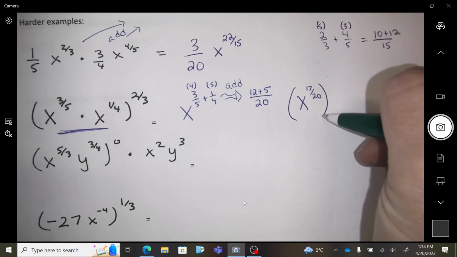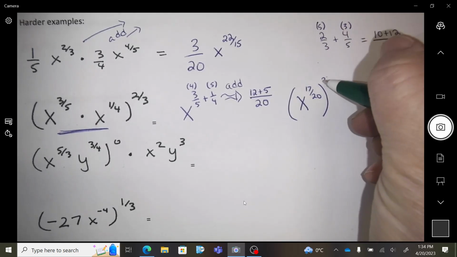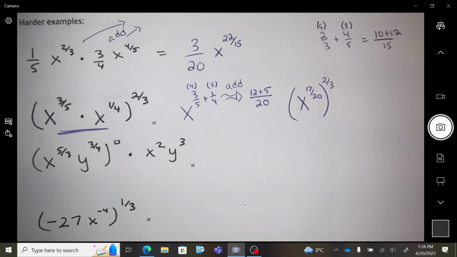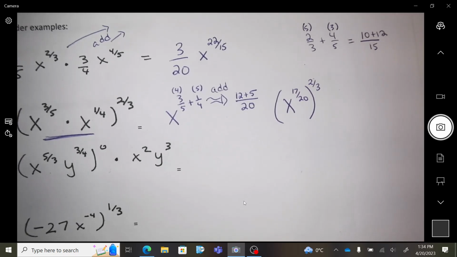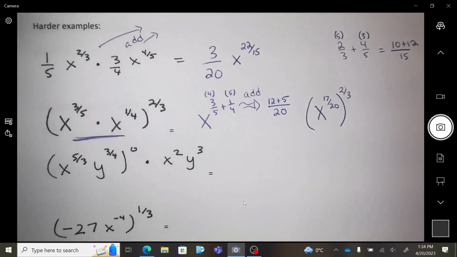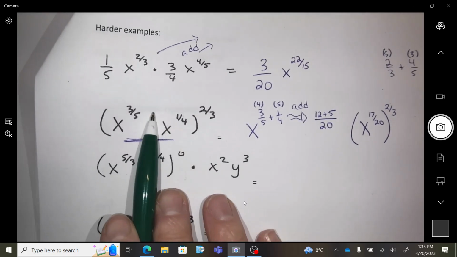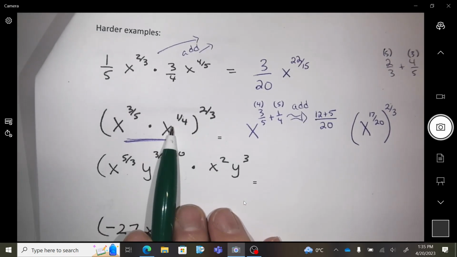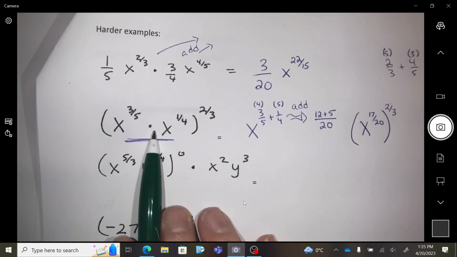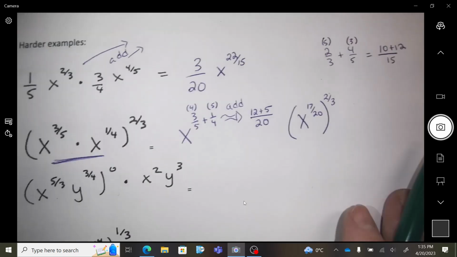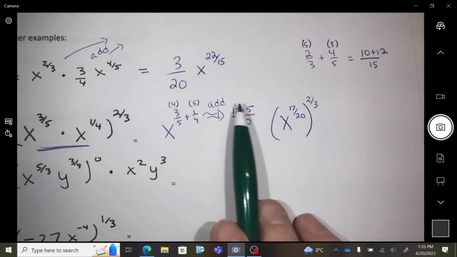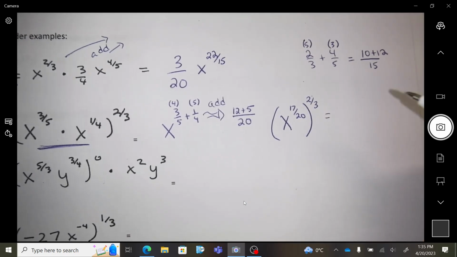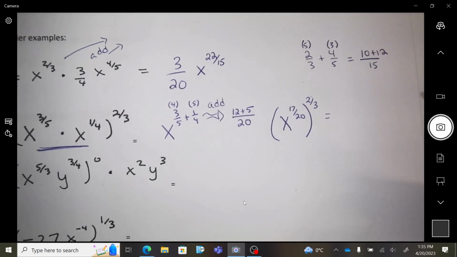Then that's the bracket. So now we have to take it to the 2/3. I still have this yet. Remember we just did the in the bracket part. So the bracket came out to 17 over 20 with the exponent. Now to the 2/3. So now what's the next rule?